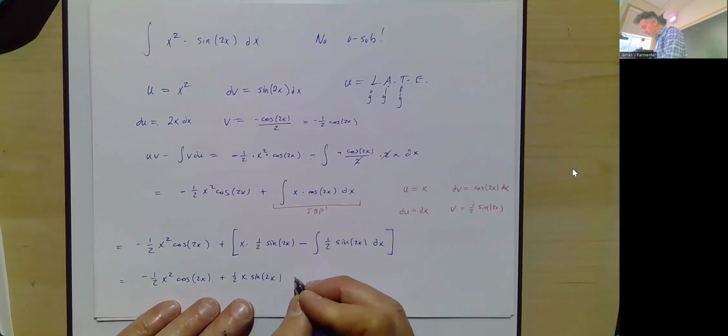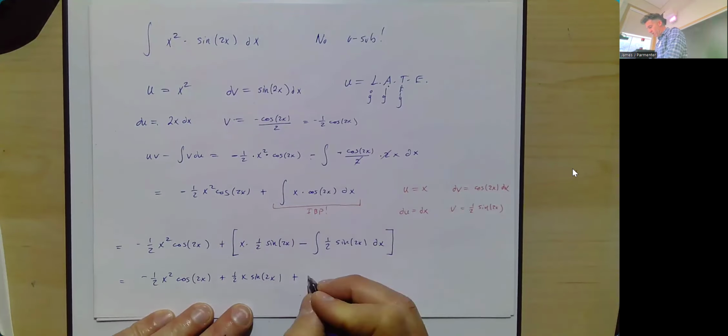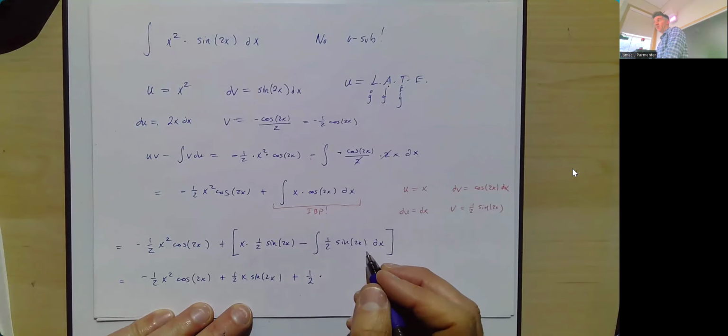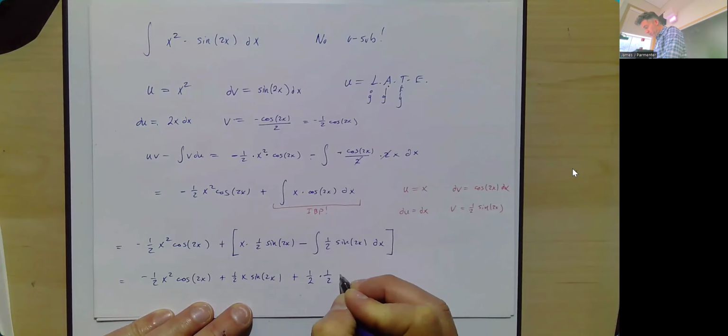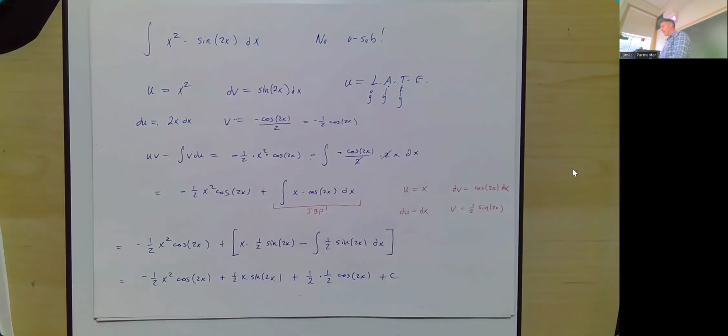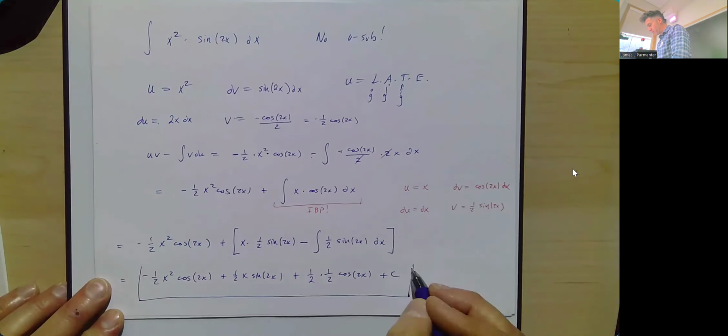So let's write plus, and then it's going to be 1/2 cosine of 2x divided by another 2. And I can double check real quick here. If I take the derivative of cosine of 2x, it will be negative sine of 2x times 2, and that'll give me the negative 1/2 sine of 2x that I was integrating there. So that works out. It's kind of a bit much.